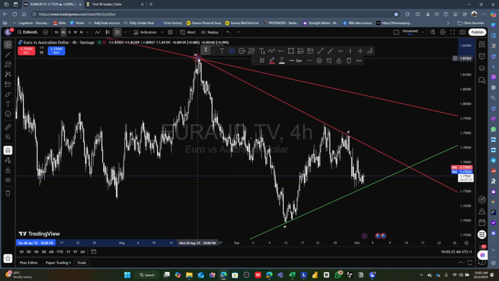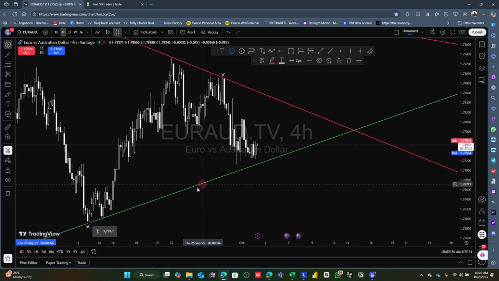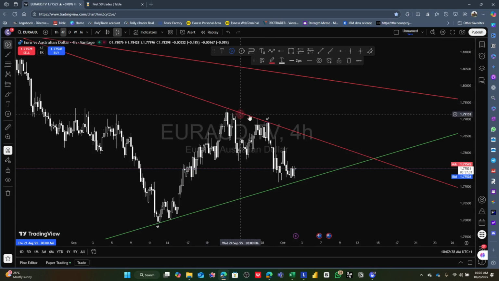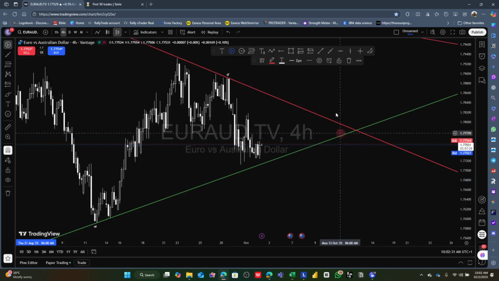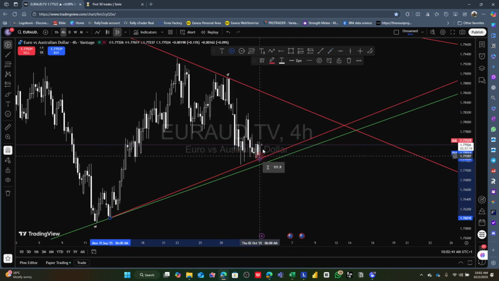So my dear friends, we have this. So I have 1, 2, so that's 3 touch points minimum. I have 1, 2, 3, 4 touch points. So this is a very good trend line or trend to follow. I have multiple touch points on either side. So price breaking any of them now is, to me, very valuable.